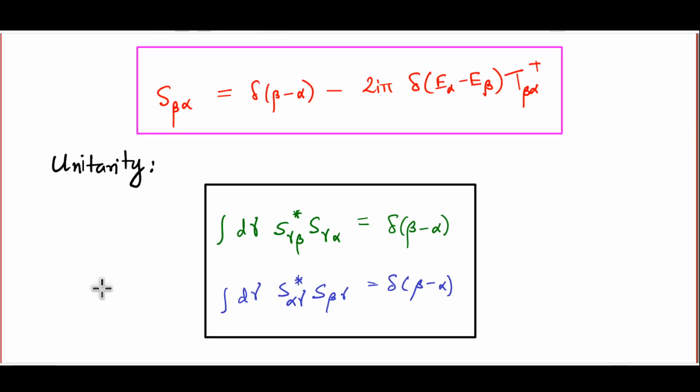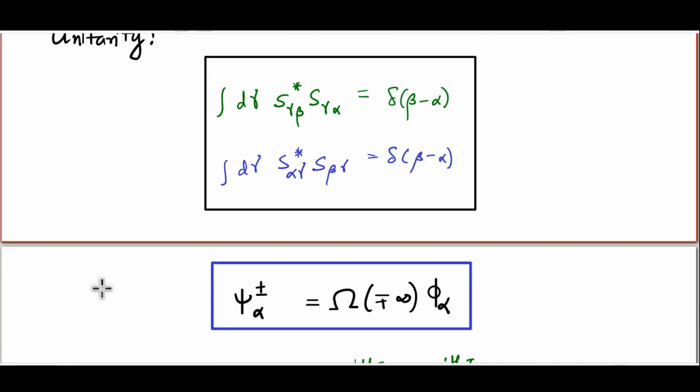Another result that we will need in the following is an expression for the in and out states psi alpha plus/minus in terms of the corresponding free particle states phi alpha.